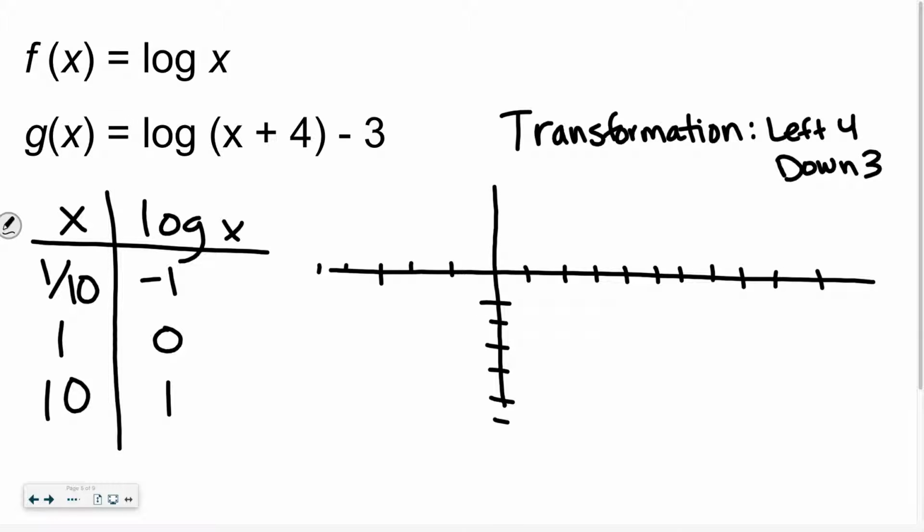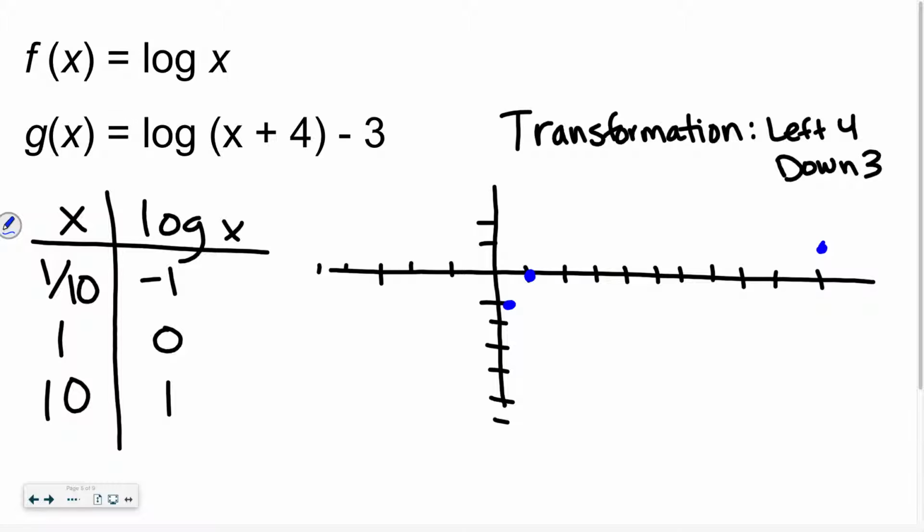I think that should get me about where I need. Okay, so I'm going to plot the original points, just the points on this one. 1/10, -1, so that's about right here. 1, 0, and 10, 1. It's far out there, right?